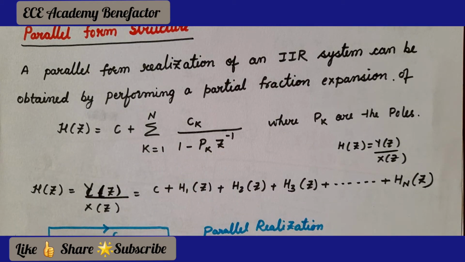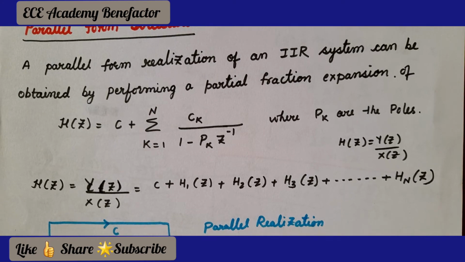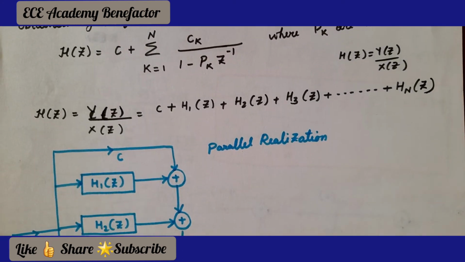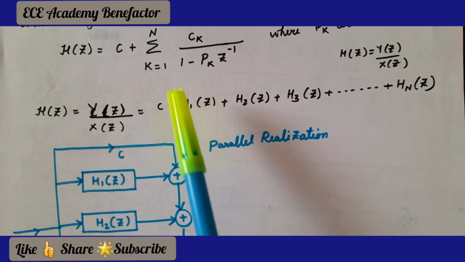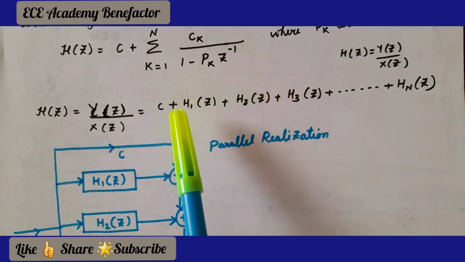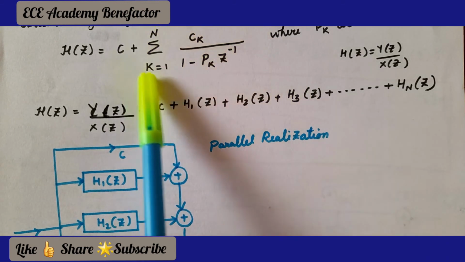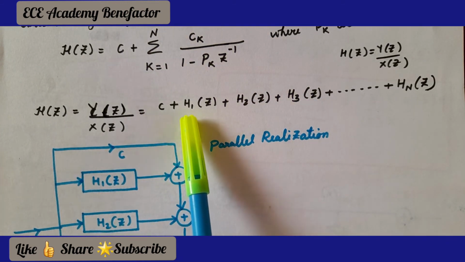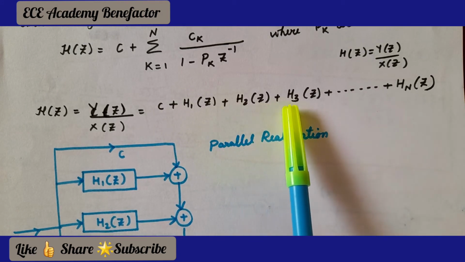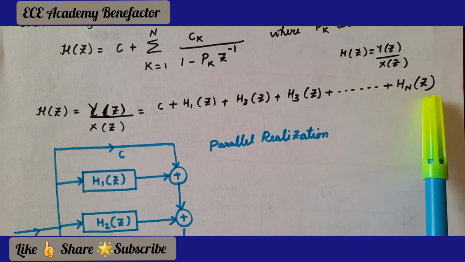So, we have to represent the given system function, Y of z by X of z, in this form. When we are expanding the summation, we can write it in this form: C plus H1 of z plus H2 of z plus H3 of z till HN of z.